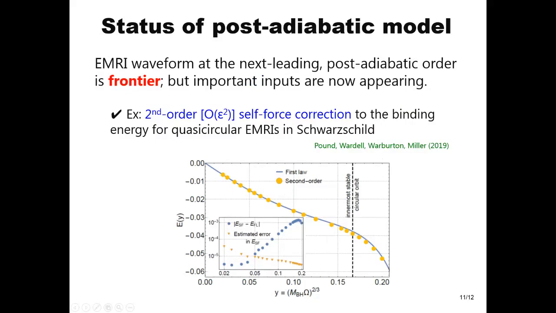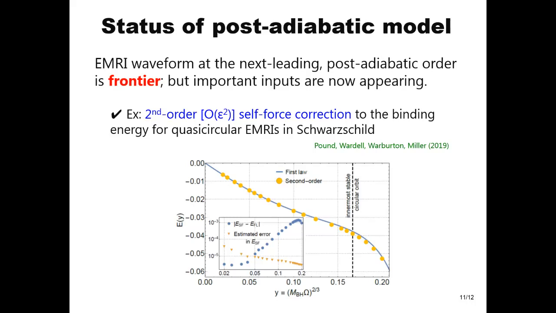So what is then the status of the next leading post-adiabatic models? In short, the EMRI waveform at the next leading post-adiabatic order is the frontier of the community, and we still don't have any waveform that has post-adiabatic accuracy. However, some of the important inputs to construct such a post-adiabatic waveform are now appearing. So let me give some examples.